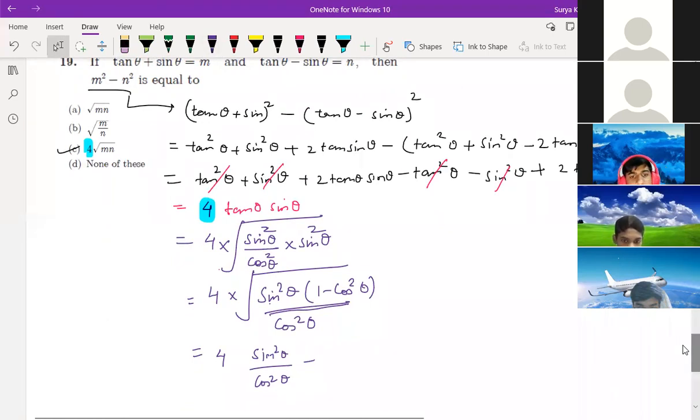Yes, sir, you are doing the same process. Tan square theta minus sine square theta we should do.